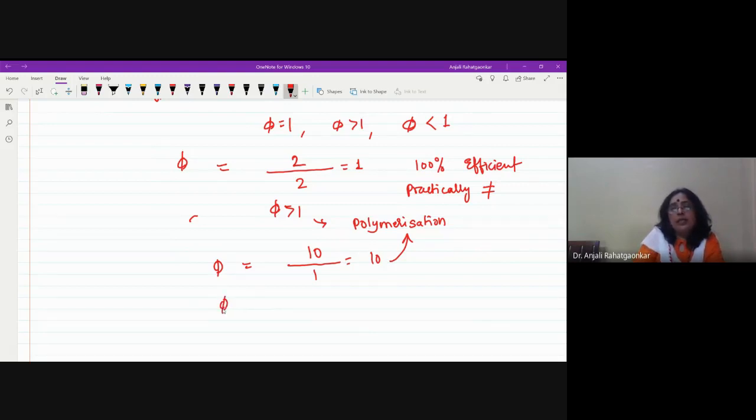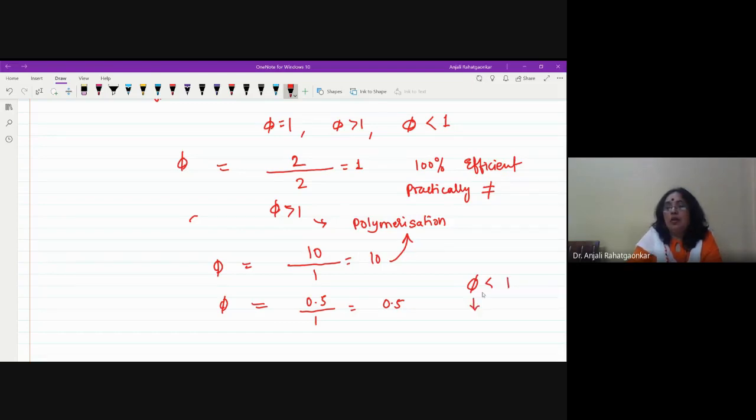Now, in many cases, in general, if I am inducing h nu is 1, I am getting 0.5. It means that psi is less than 1.